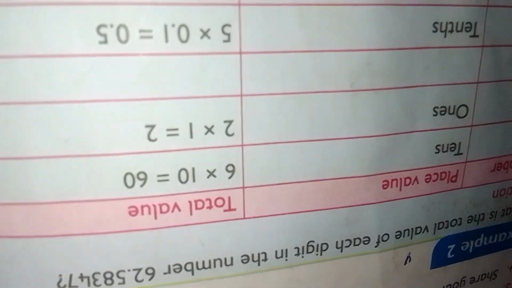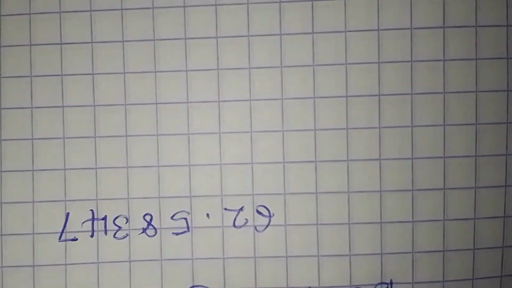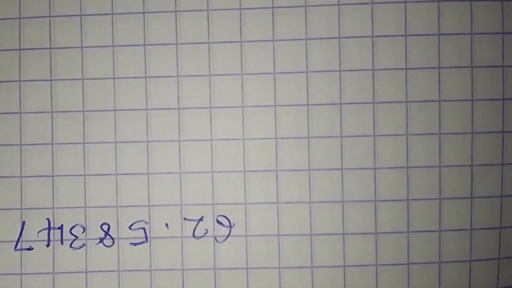Let's jot down the number so that we can get the total value of each digit: 62.58347.